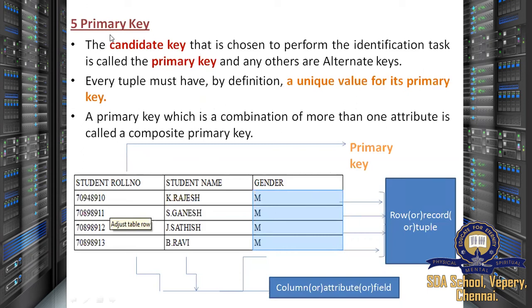To learn this primary key, we should first understand the concept. Now take yourself, you have written your 11th public examination. Every student has a unique public register number. Can anyone say we have the same register number? It's not possible.